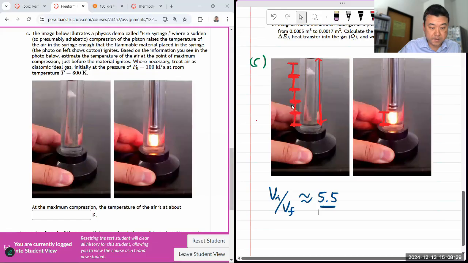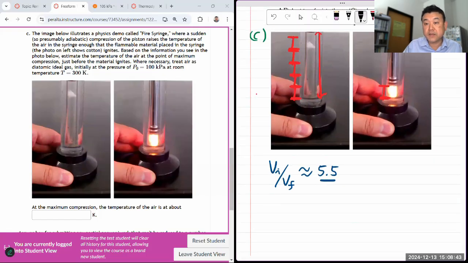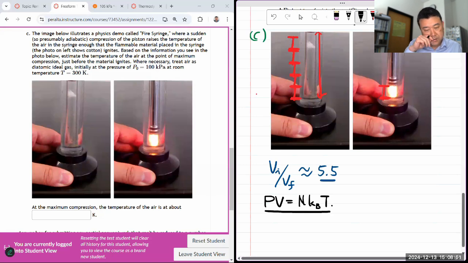So with that in mind, these are the equations that I need to use. The ideal gas law, PV is equal to N k_B T. And in your textbook, there's an adiabatic process formula, which says this quantity is constant: P times V raised to gamma is constant.